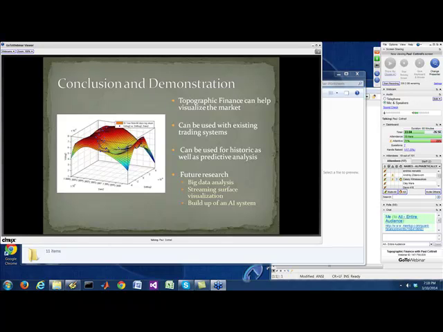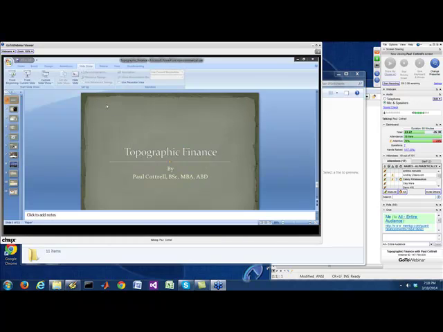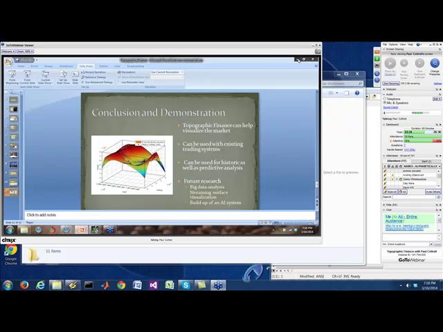Streaming surfaces for visualization using tick data. And then with this crash prediction, the buildup of an AI system or an artificial intelligence system. So that's basically the PowerPoint presentation. If anyone has any questions before I start getting into Poseidon, I probably should take those.